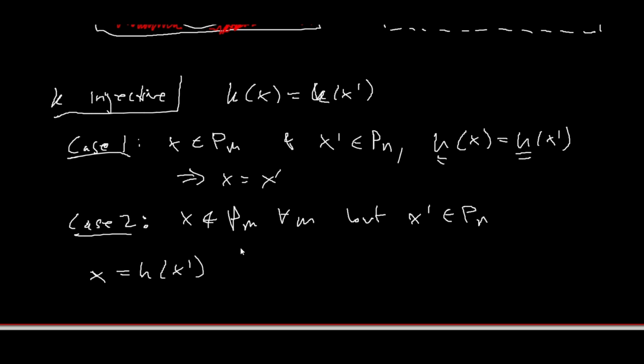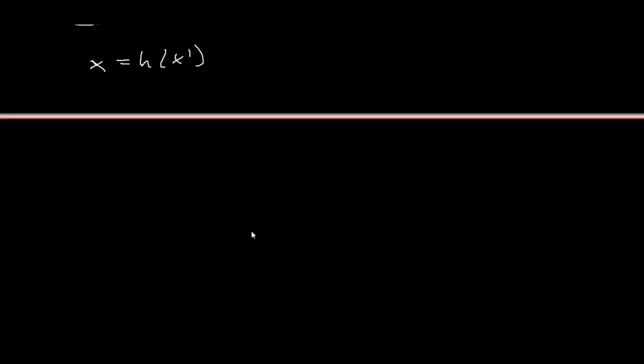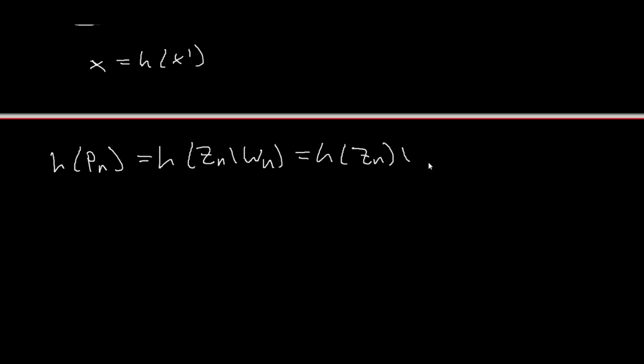Well, h is injective, so h of P of n, that was defined as Zn set minus Wn, equals h of Zn set minus h of Wn. That was defined as Zn plus 1 set minus Wn plus 1, and that equals P of n plus 1 by definition.